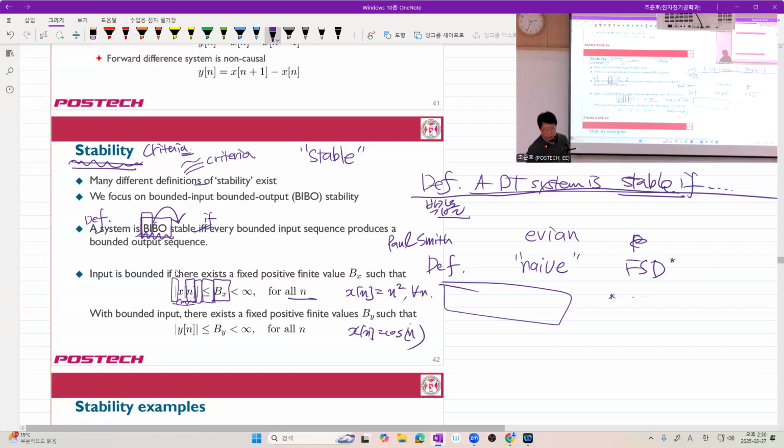Then you always know that as far as n is real, this is bounded by negative and positive 1. So any number greater than or equal to 1 can serve as the B sub x. So it's bounded. Got it? So if a discrete time system satisfies bounded input generating bounded output for every admissible input x, then it's called BIBO stable.